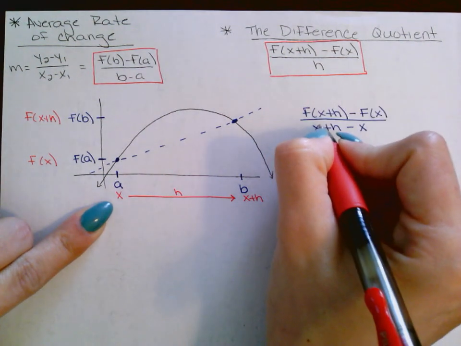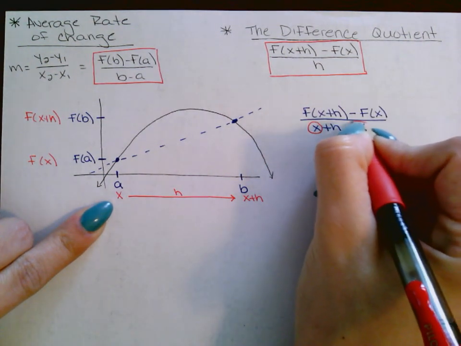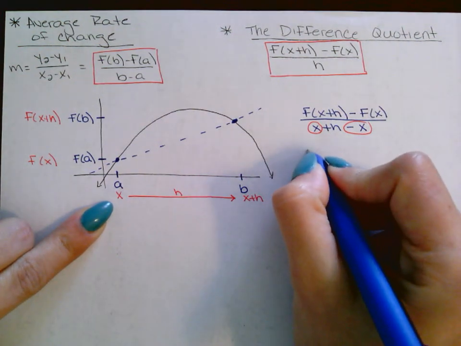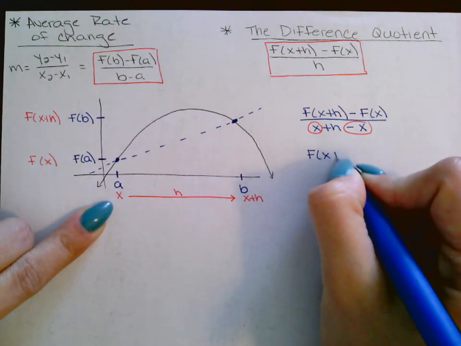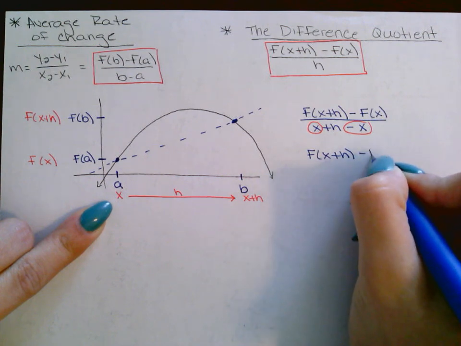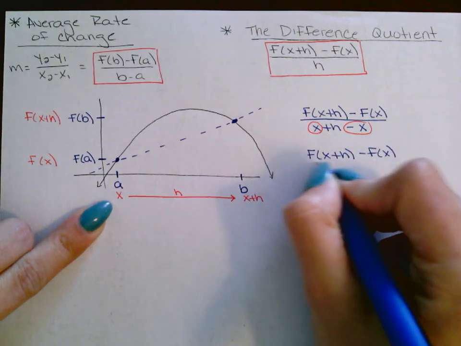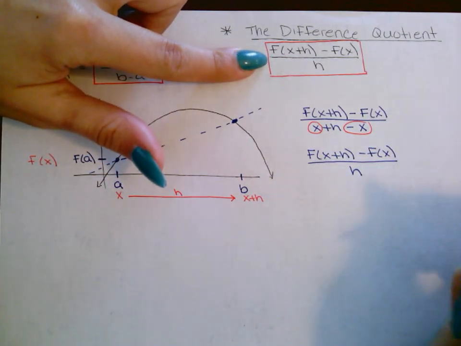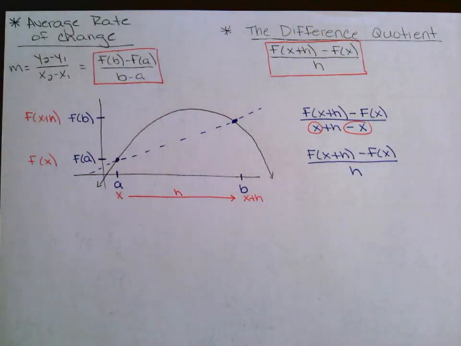And in this case, you can see that this x and this x will end up canceling out. And then we just have f of x plus h minus f of x over h, okay? So it's a new fancy way of saying slope.